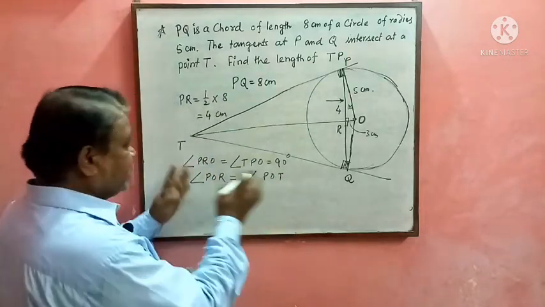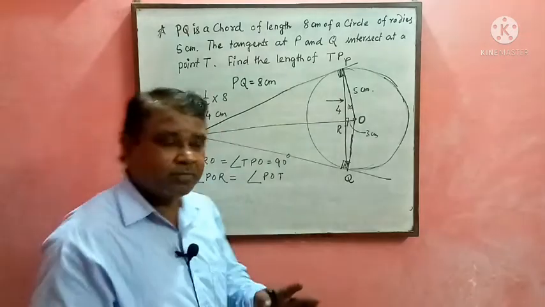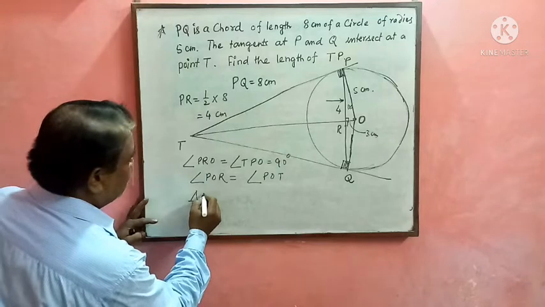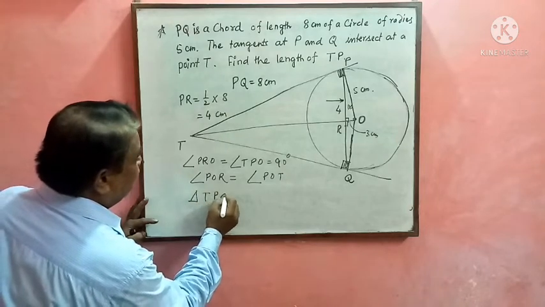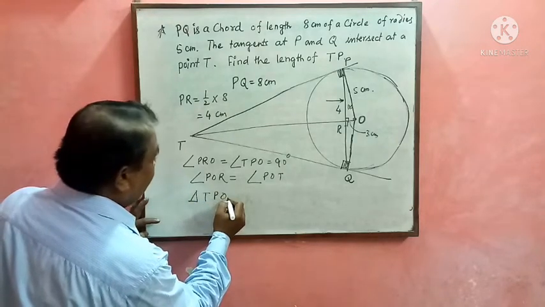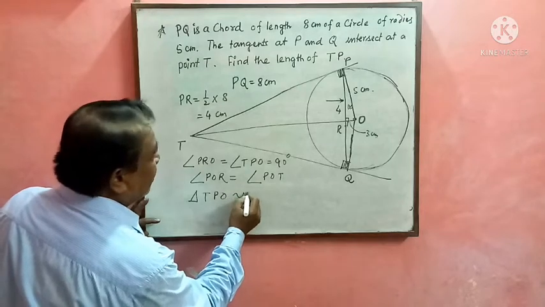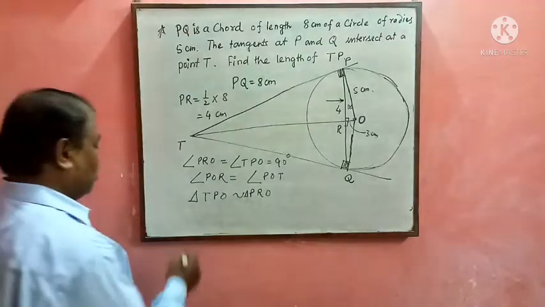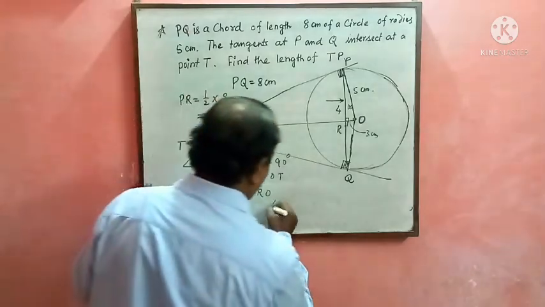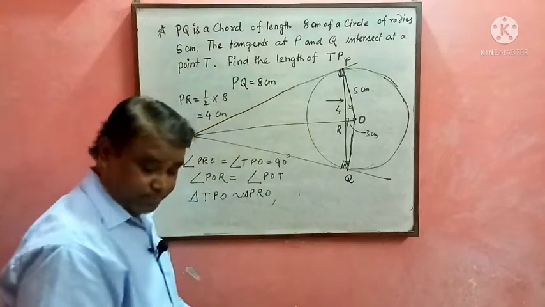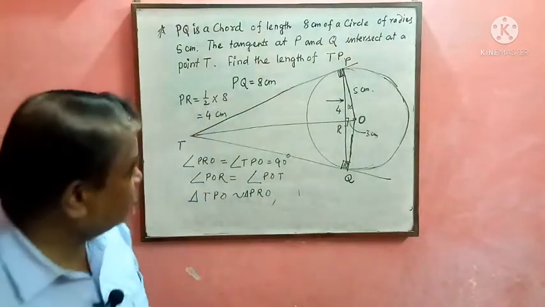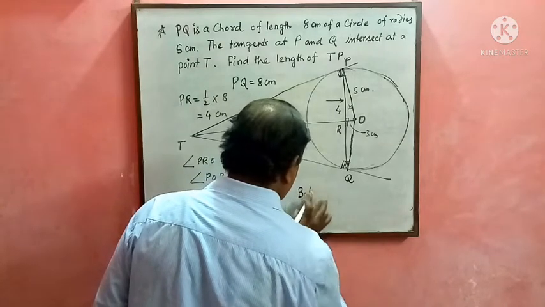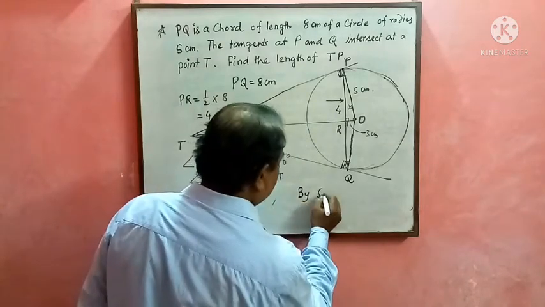So with the help of these two angles, triangle TPO is similar to triangle PRO. By similarity we have, you write by similarity.